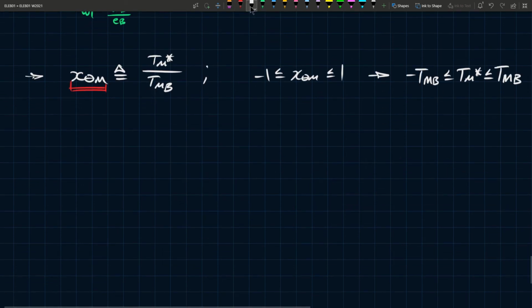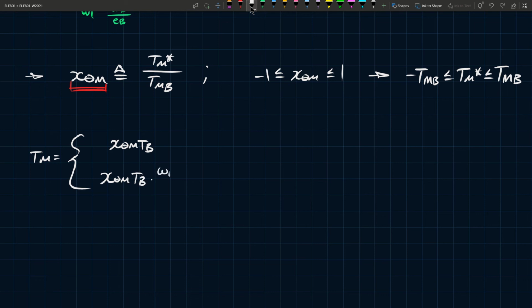I guess the last little thing we can touch on is this expression, Tm being equal to x theta m Tb, and this is x theta m, I guess we can say it's Tb times omega b over omega m, and this is for omega m less than or equal to omega b, and this is for omega m greater than or equal to omega b.